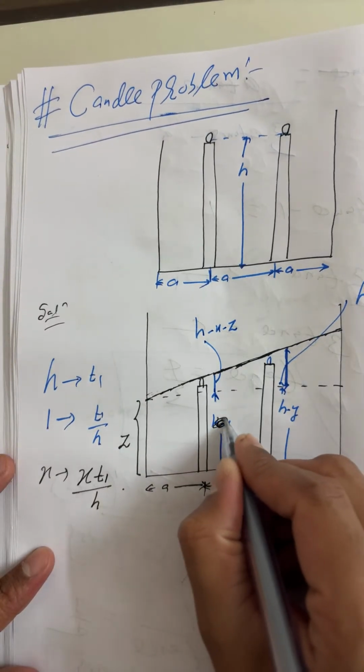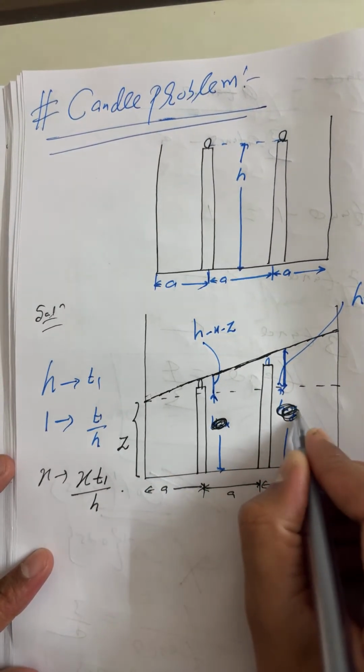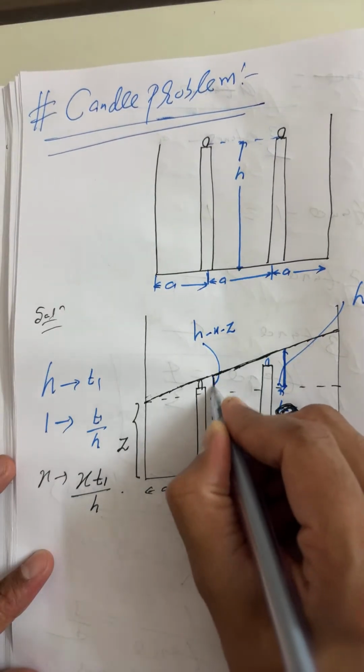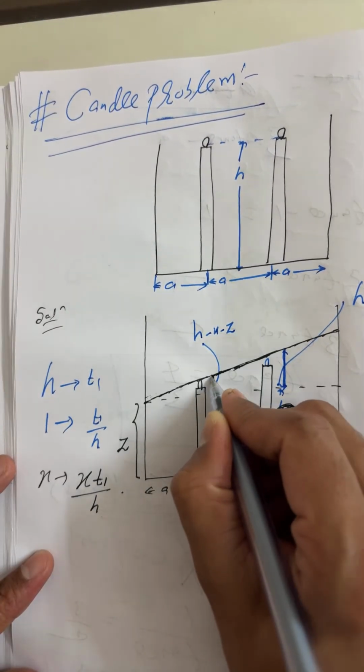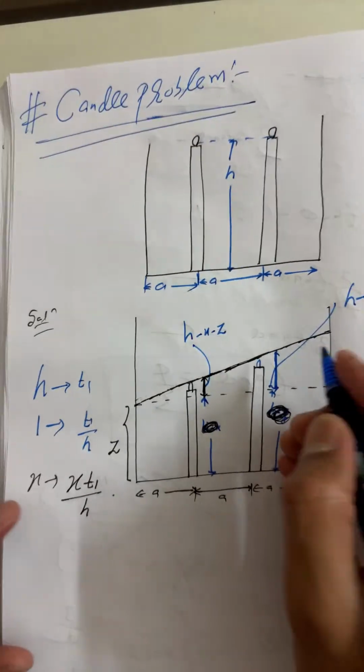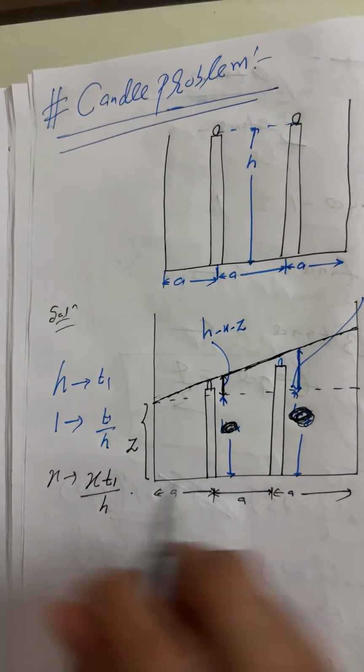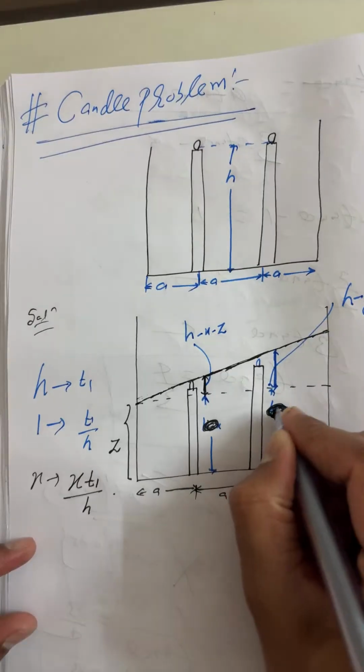You just don't be confused here by h minus x and h minus y. Forget this little bit, because our main major part is h minus x minus z, and this is h minus y. Just forget this one.